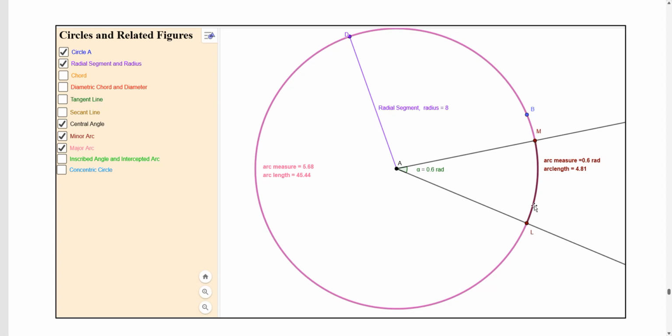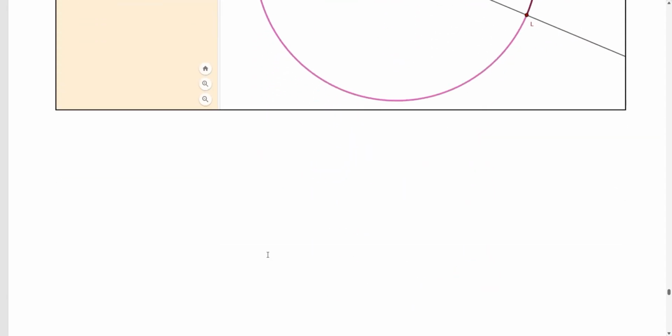We have a minor arc here, and then the major arc here. The measure of this minor arc is the same as the measure of this angle here, and the measure of this major arc is 2 pi minus the measure of the central angle, the measure of the minor arc. The arc length is the radius, that length here, right now it's 8, times this angle here, which is here. There may be some rounding errors there.